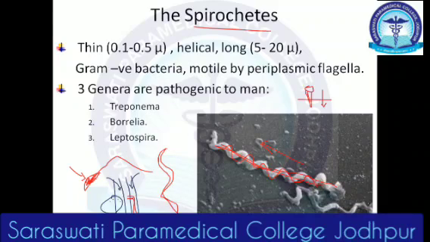Okay, now we are going to talk about three types of pathogenic spirochetes. One is Treponema, another one is Borrelia, and the third is Leptospira. Among all these three types of spirochetes, what we see in common is this twisting, spiral structure of their cell, as well as the presence of this periplasmic flagella, which is called the axial flagella.